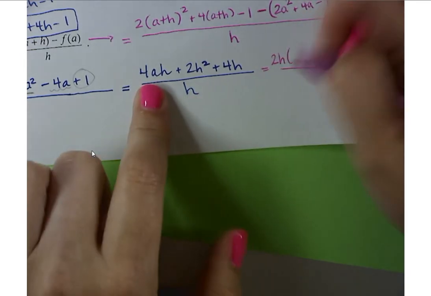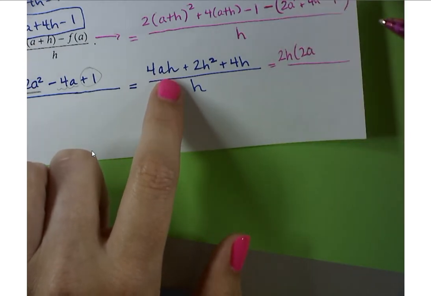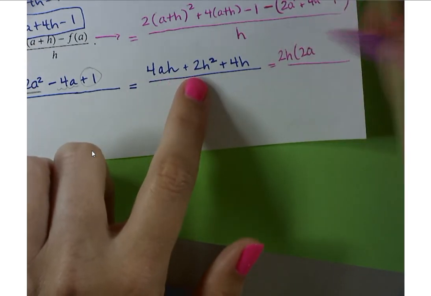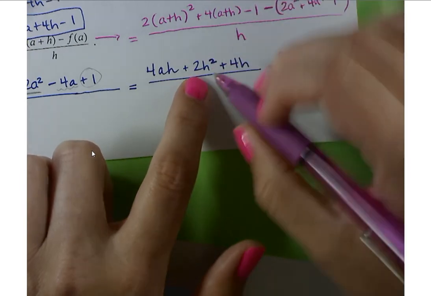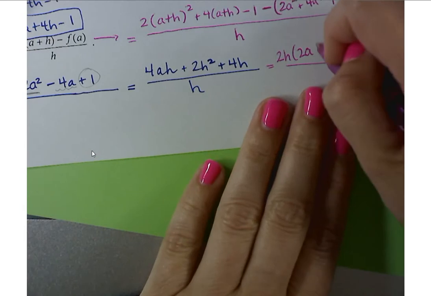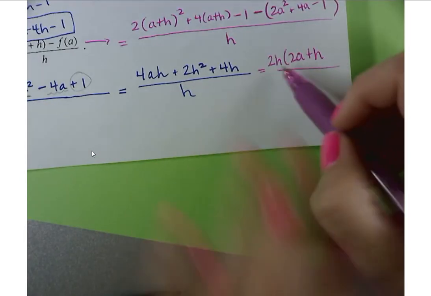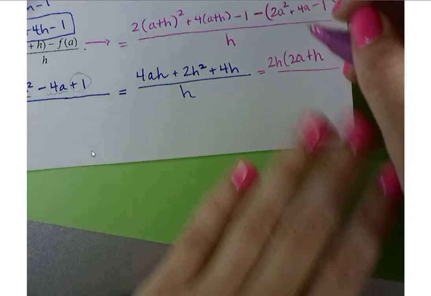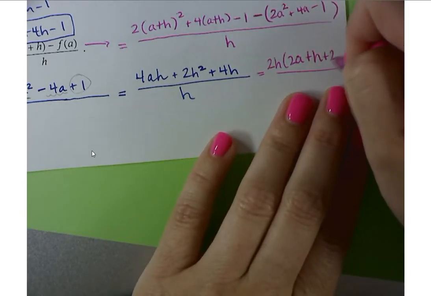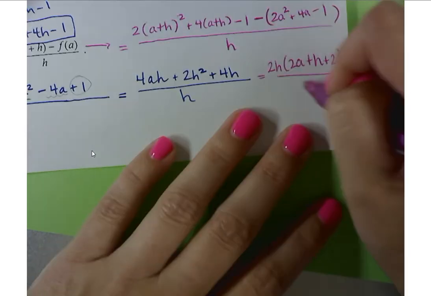So 4 divided by 2 is 2. ah divided by h is just a. 2h, if you take 2 divided by 2, you have 1. h squared divided by h is h. And you have 4h, so 4 divided by 2 is 2. h divided by h is 1. And then you have h on the bottom.